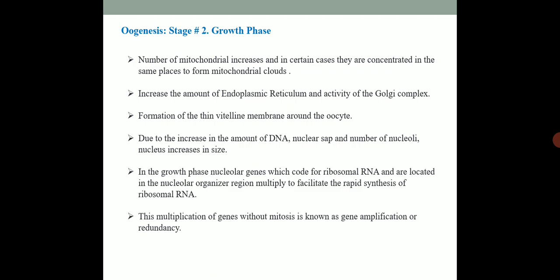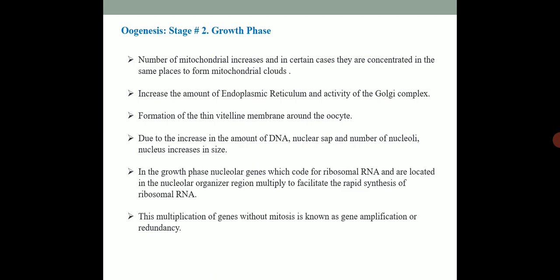And a thin vitelline membrane, which is a protective membrane, forms around the oocyte. Due to the increase in the amount of DNA, nucleus and the number of nuclei, the nucleus size also increases during the growth phase.